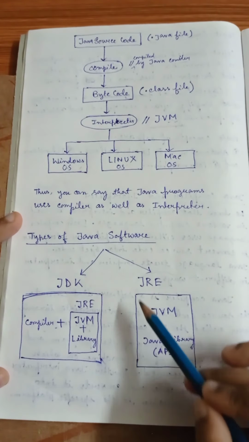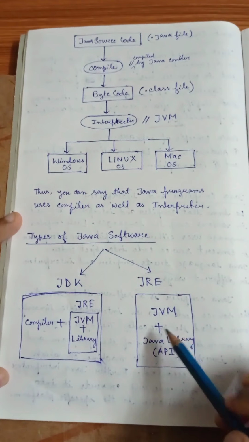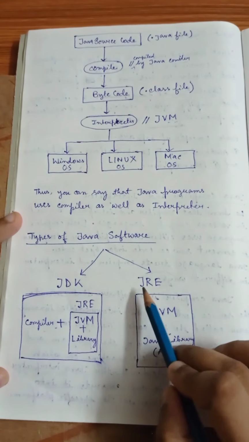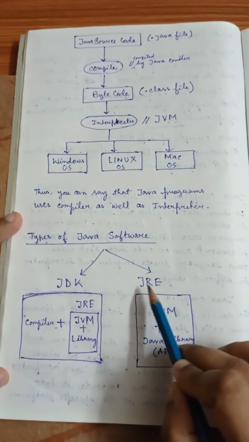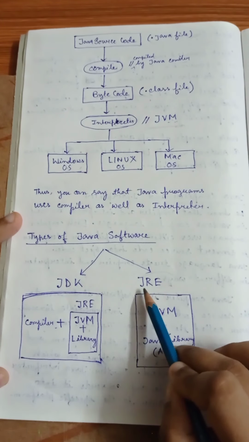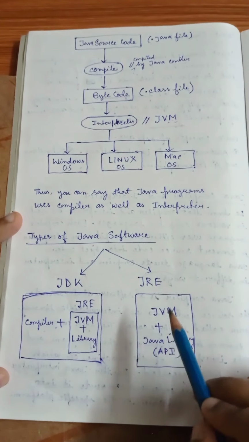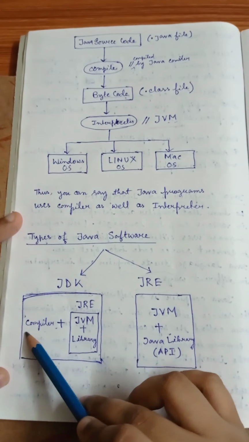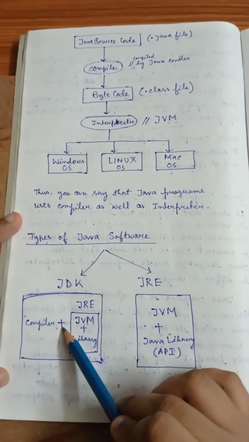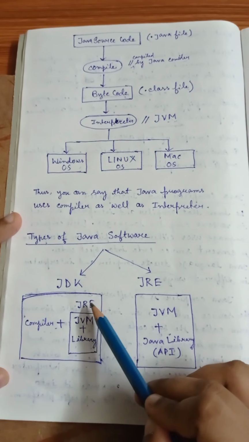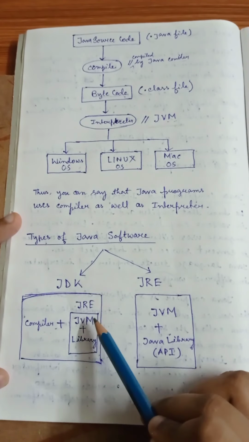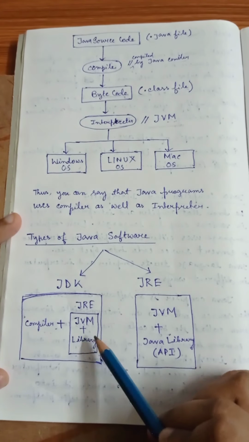JRE is only used to execute a Java program. Full form of JRE is Java Runtime Environment. So JDK provides compiler plus JRE, and JRE has JVM plus library.